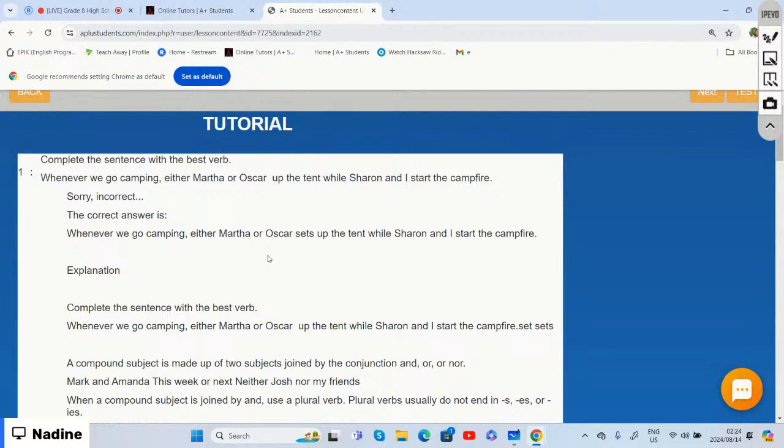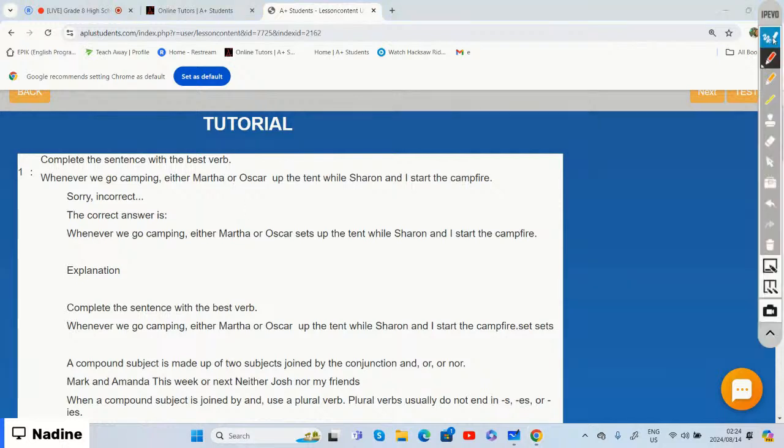And it says, whenever we go camping, either Martha or Oscar. We're going to have to add a word there. Do we say sit up or do we say sits up the tent while Sharon and I start the campfire?